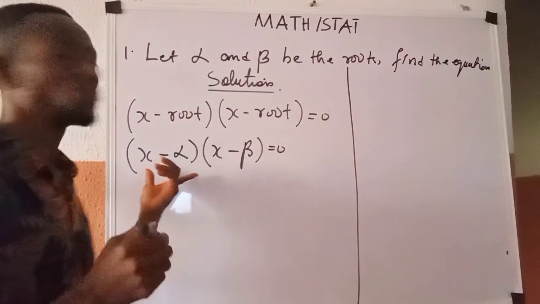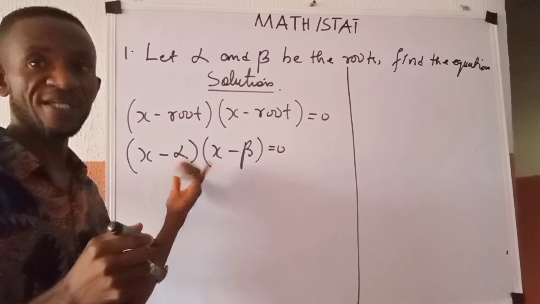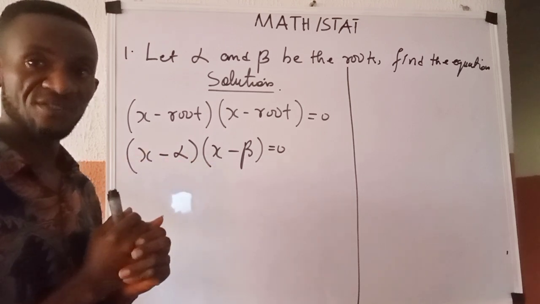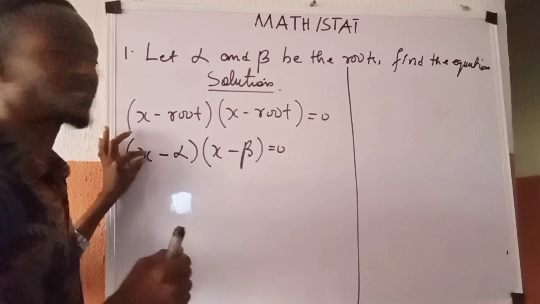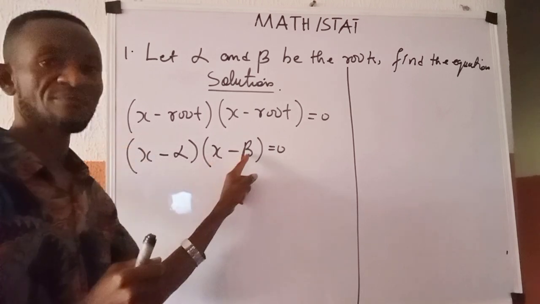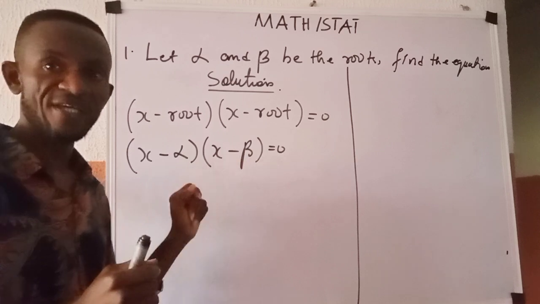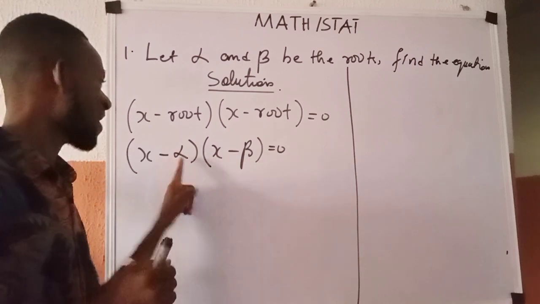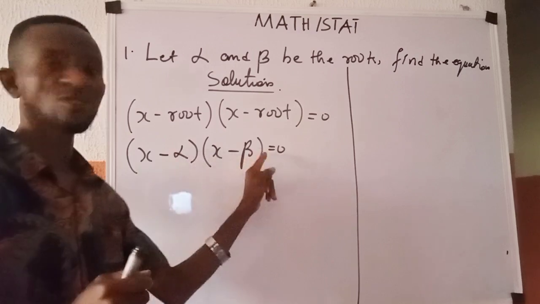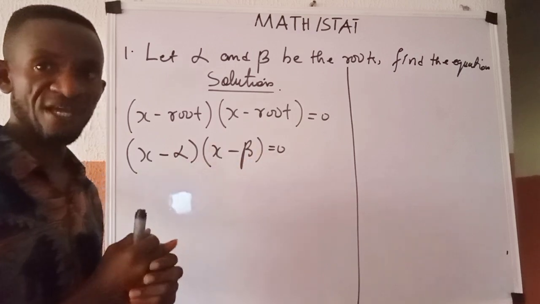What is left for you to do here is to open the brackets at the left hand side of the equation, where you are going to use the first term from the first bracket to multiply the two terms in the second bracket, and thereafter come back to pick the remaining term in the first bracket to equally multiply the two terms in the second bracket.